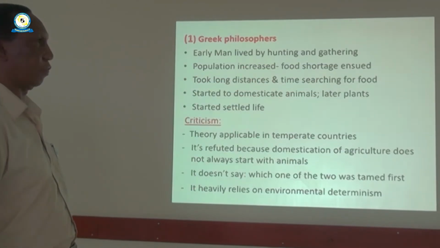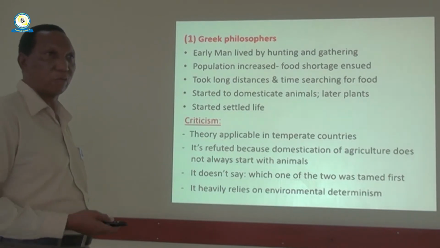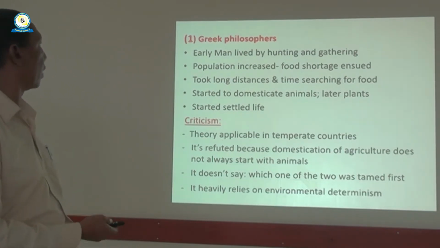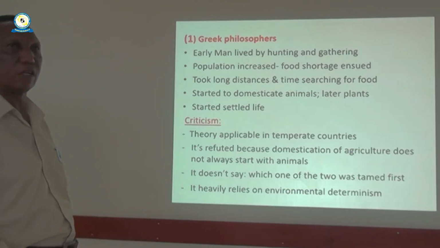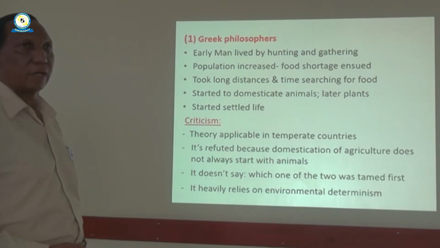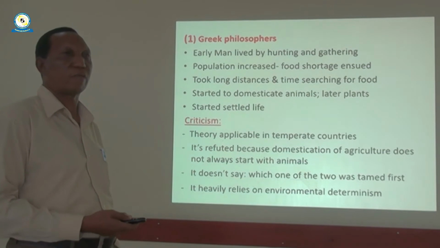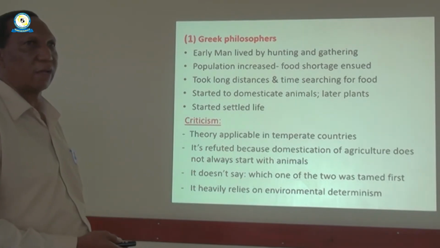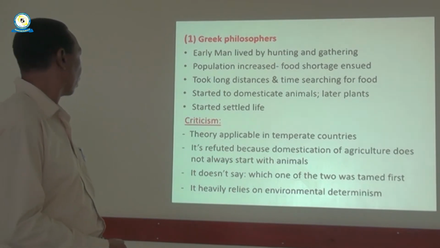The Greek philosophy says, which is commonly agreed, that early men lived by hunting and gathering. And gradually, as population increased, food became scarce. So it became very difficult to get food because they had to travel longer distances and spend a lot of time searching for food.